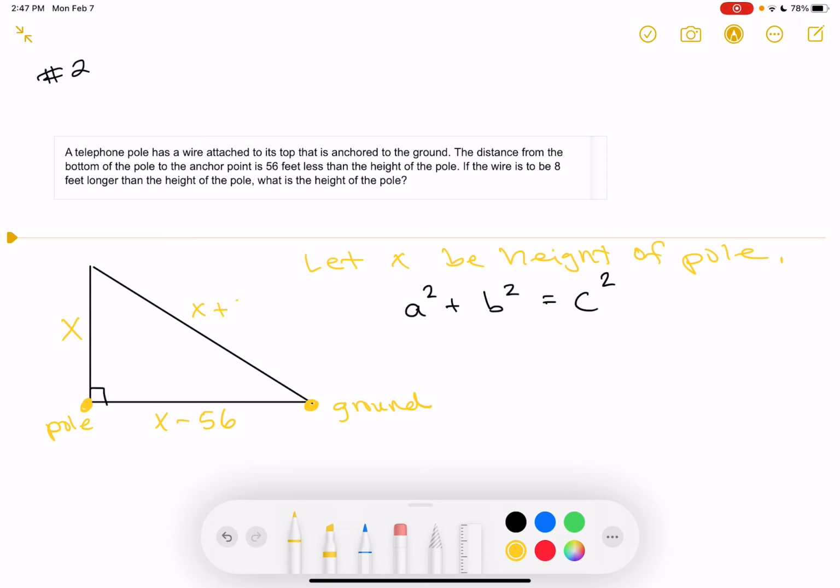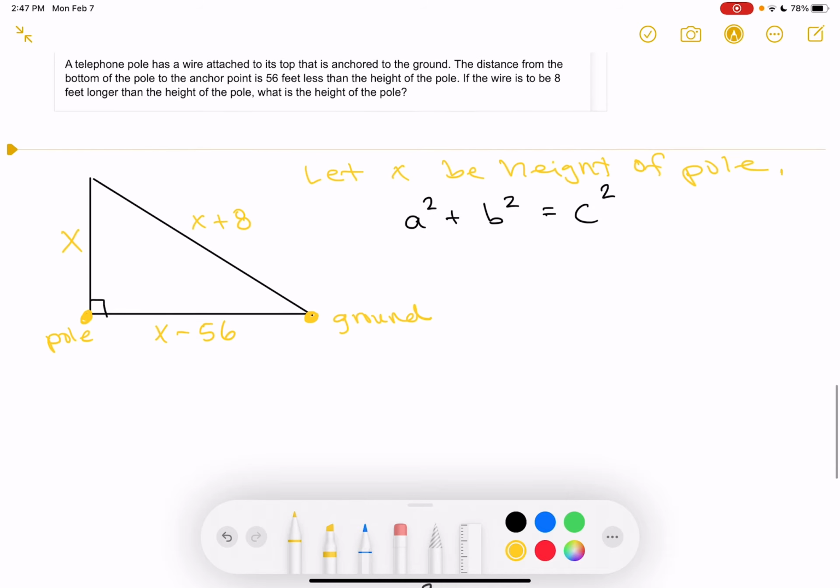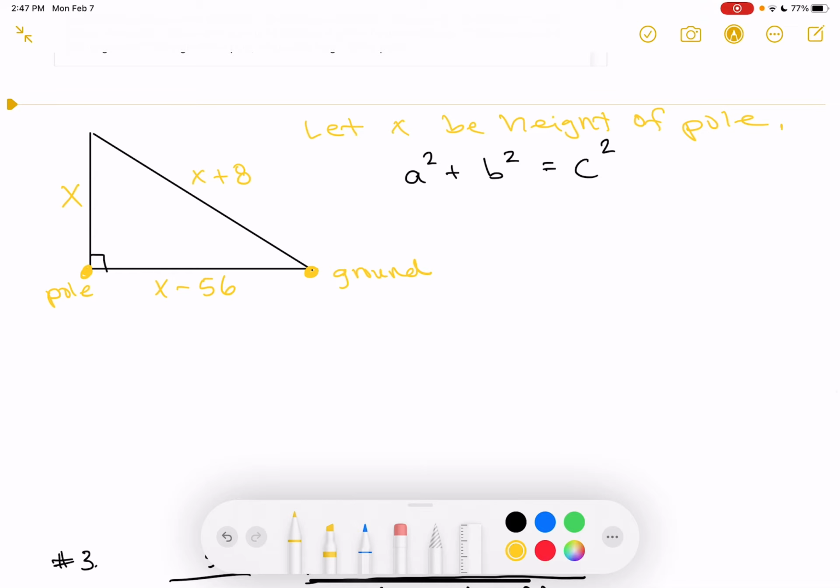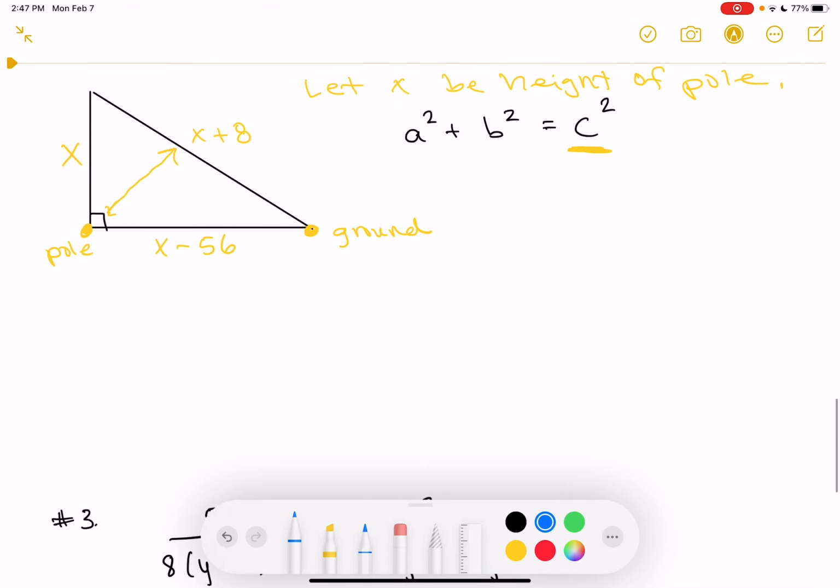So x plus 8, so it's more. Okay, now, here we have our 90-degree angle, and whatever is directly across from it, that is our C in our formula. The A and B doesn't matter. It's whatever you'd like to stick in there. Okay, so I'm going to write x squared plus, I'm going to do the bottom, x minus 56 squared equals an x plus 8 squared.